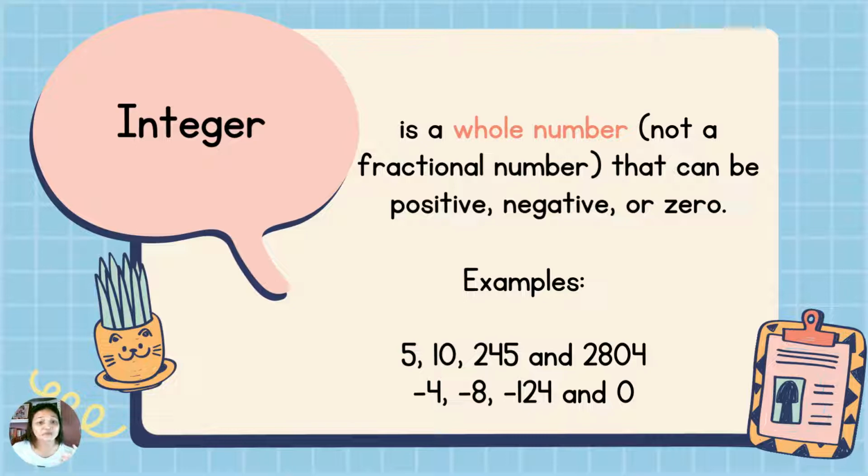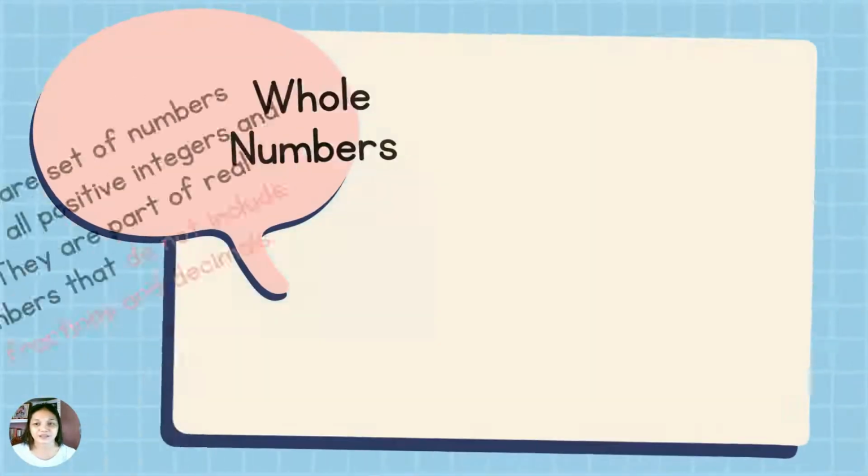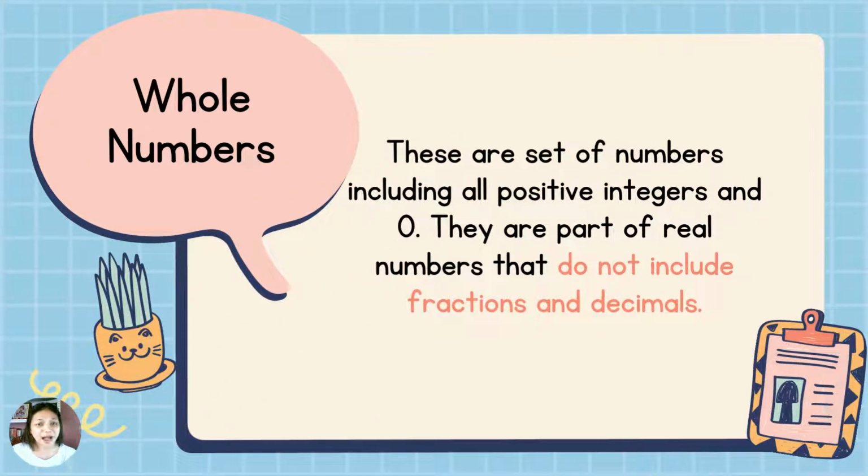So examples of negative integers, pwede siyang negative 1, negative 8, negative 4, negative 25, negative 125, negative 1,200,455. So pwede siyang ganon. And pwede din siyang zero. So yun po ang integer. It is a whole number. And of course, ano na ba ang whole number?